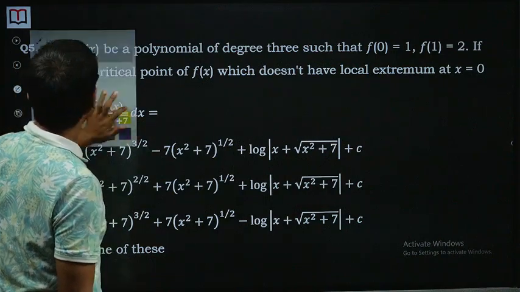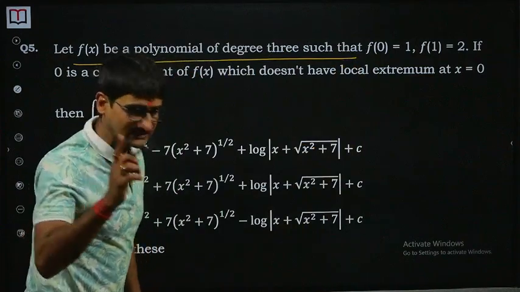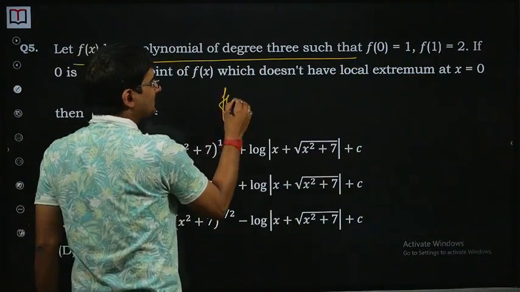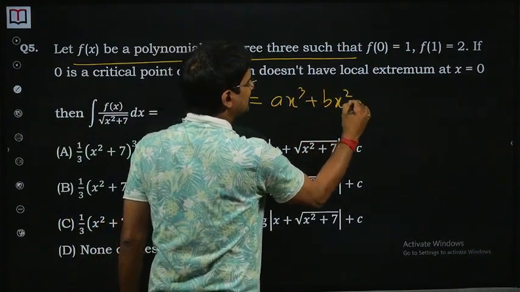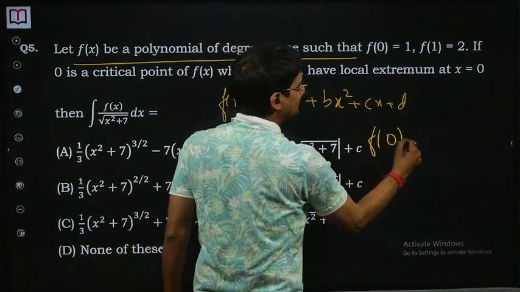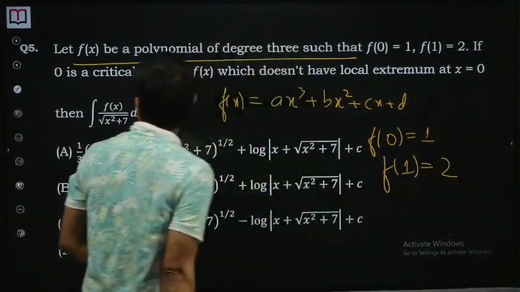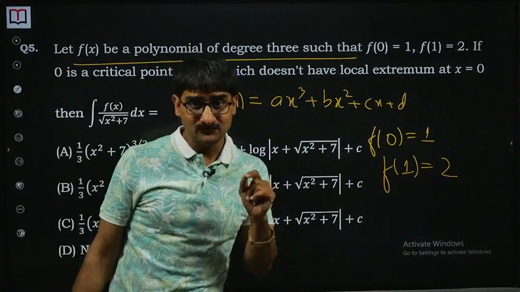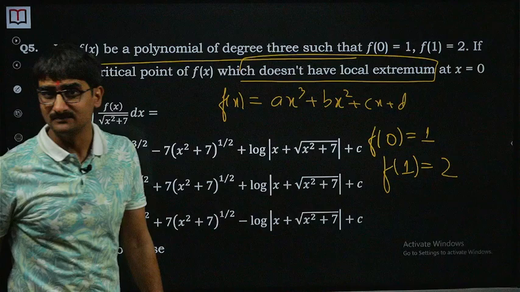Moving to the fifth one, fx be a polynomial of degree 3 such that, see, it's a third degree polynomial. So normally this is how we start, just by reading that much portion of the question. We are given f of 0 is 1, f of 1 is 2. If 0 is a critical point which is not a local extrema, what does that mean?